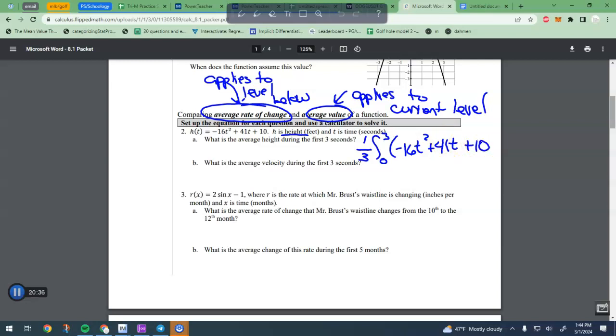Wait, what? Did I know this? That's like, oh, wait, I already forgot. 16 t squared. Oh. I mean, I can see why you'd say that. I was just writing it out first.